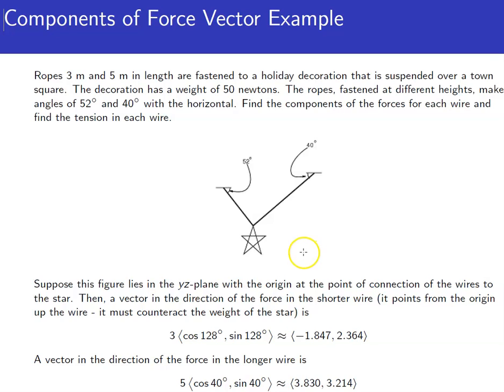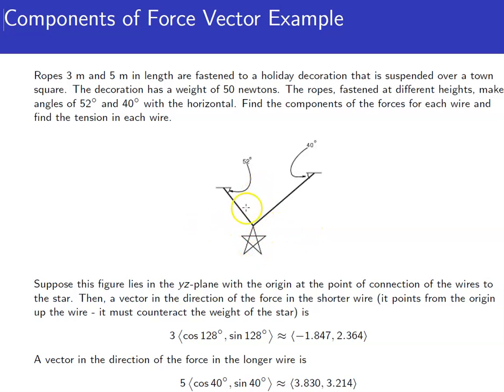Alright, we're up at the origin right here at the top of the star. If we're going to have a vector in the direction of the forces in the shorter wire going this way, it's going to need to counteract the weight of the star, so it's going to have to go up this way. One vector in that direction would be the length of that wire, 3, times the cosine of 128 degrees, because that's this way, right? Again, we're thinking about the axes being like so.